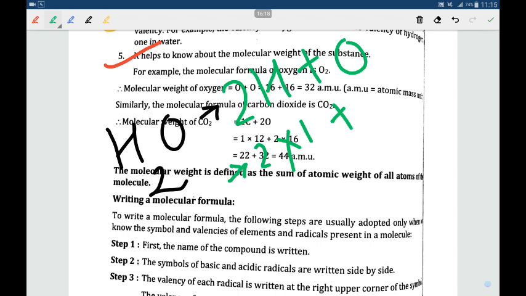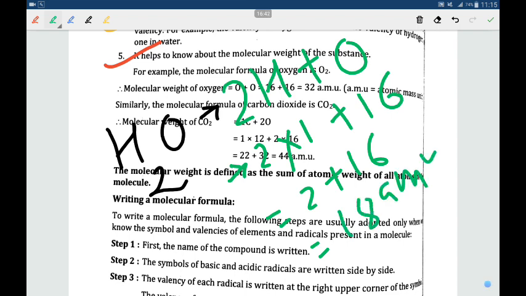You can calculate atomic weight by adding the number of protons and the number of neutrons. How many protons are in oxygen? 8. Neutrons 8. 8 plus 8. Okay. Now 2 times 1, the 2 plus 16 equals 18 AMU. 18 AMU of water.